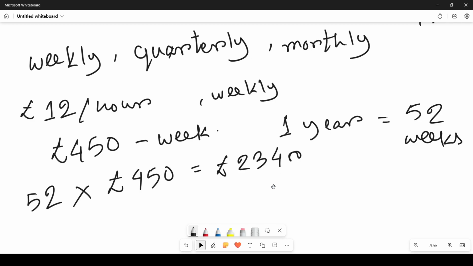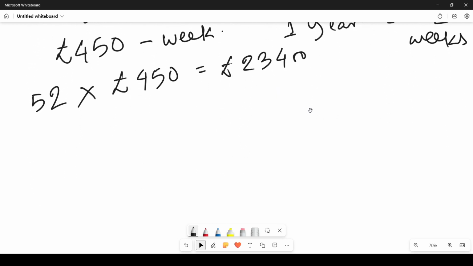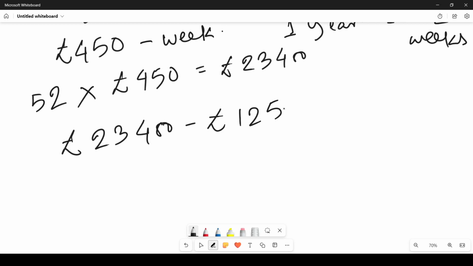Now you remember your personal allowance, right? According to your tax code, you have personal allowance 12,570. So it means you do not have to pay any tax on that amount, this 12,570. So you need to subtract this amount from your annual salary.